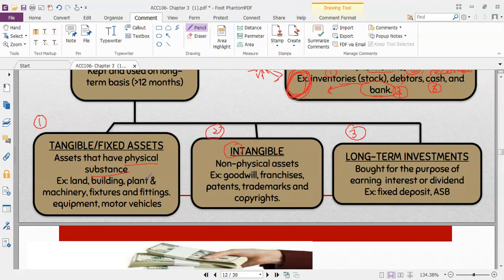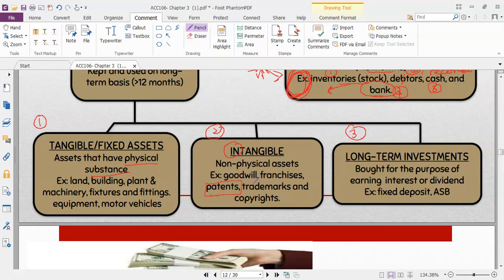Kalau tangible kita boleh pegang. Contoh dia ni lah land, building, plant and machinery. Kalau intangible, goodwill, franchise, patent, trademark and copyright. Kalau contoh patent, trademark tu apa?